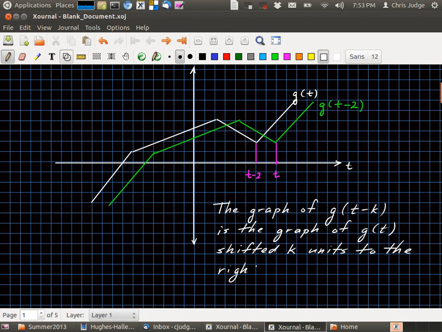So shifting to the right corresponds to subtracting off your constant. In this case, the constant was actually 2. If you want to shift to the left, well, then you change the sign of the constant.